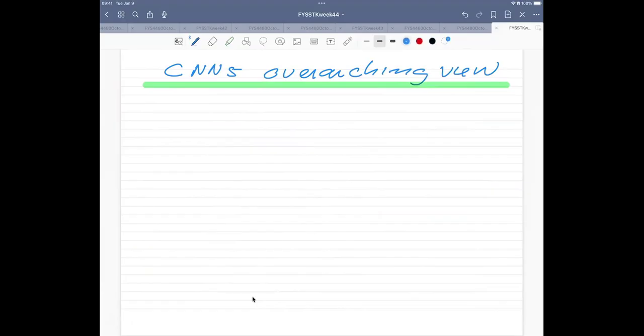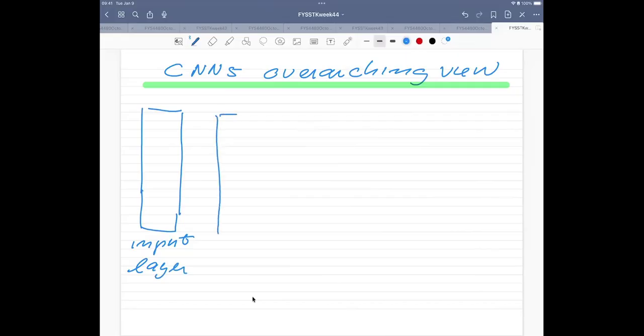What we typically have, and in this case we have only one convolutional layer, is the standard input layer as before. And this could be our MNIST data set. Then there is a new layer here, and we normally call this the convolution part.